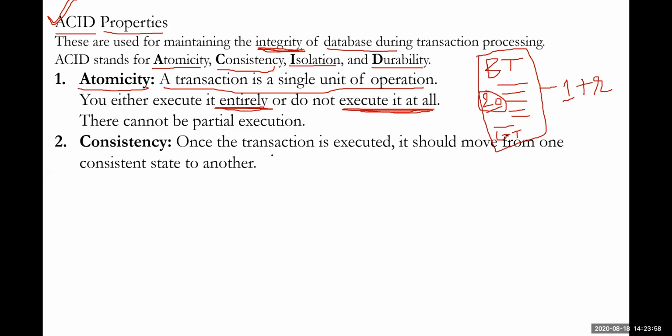What does it mean? Right from begin transaction to end transaction, the entire transaction gets executed. Commit points will be available during the transaction, and all commit points will be executed by the transaction.